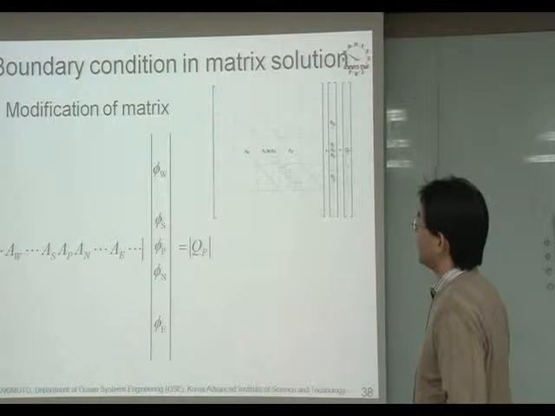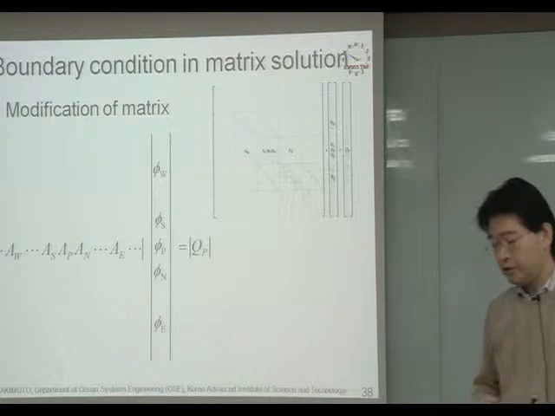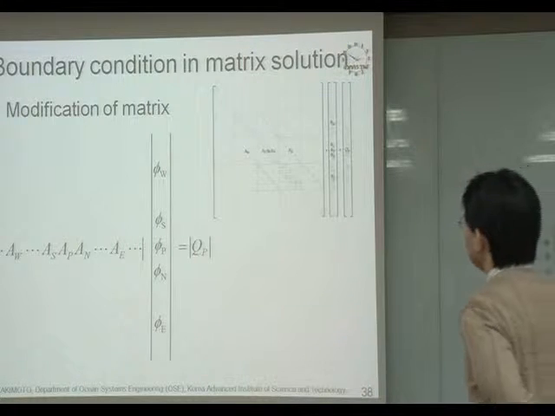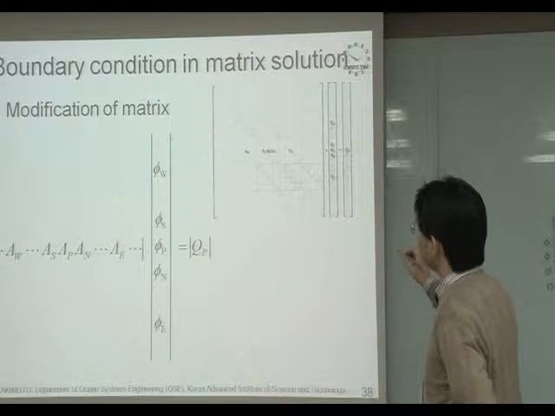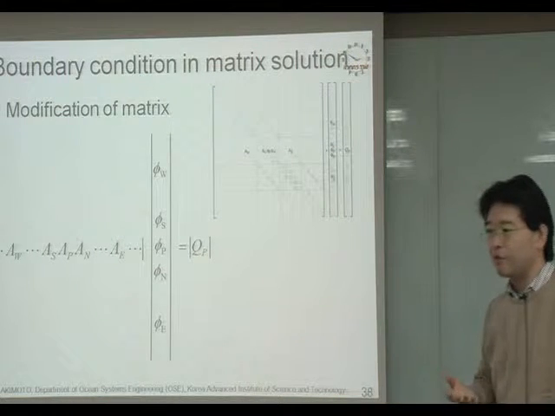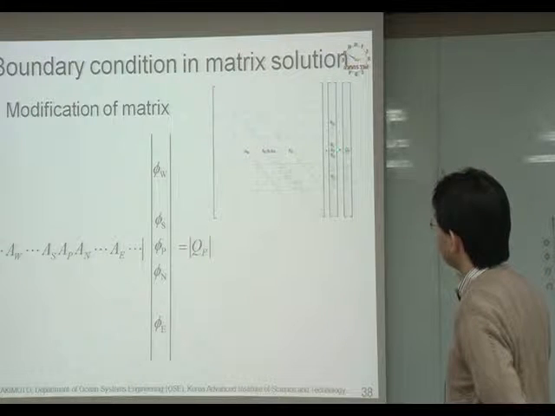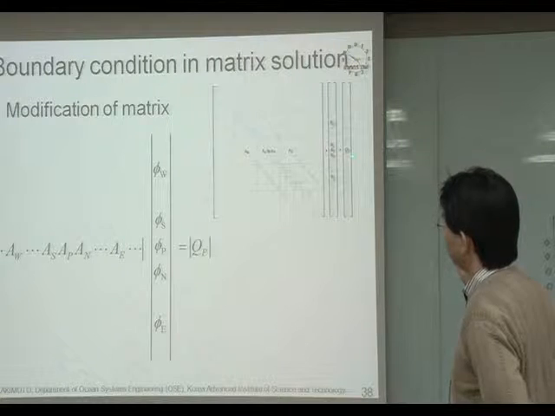Please remember the matrix images of solving systems of equations. Each line shows the condition of one computational point. This line is for QP.